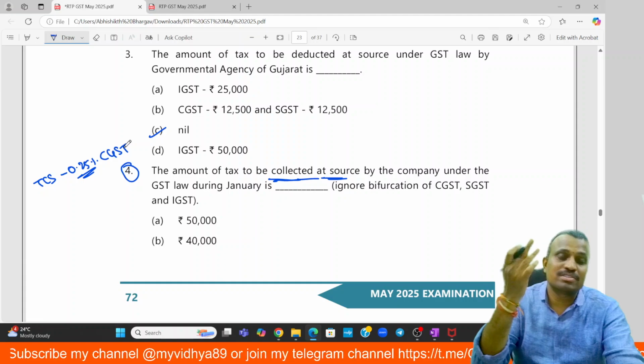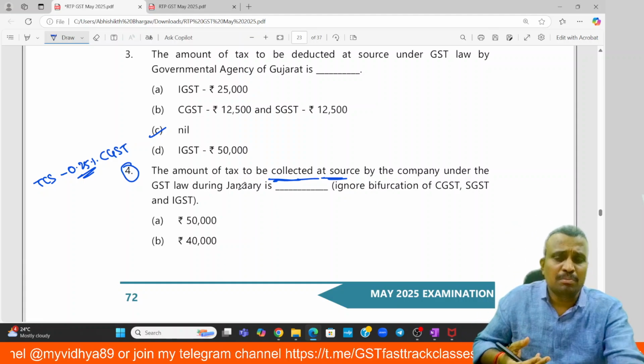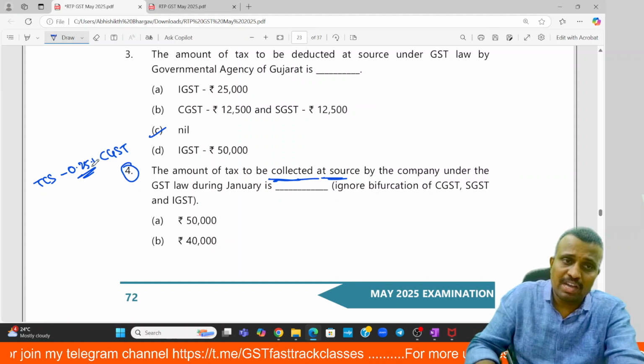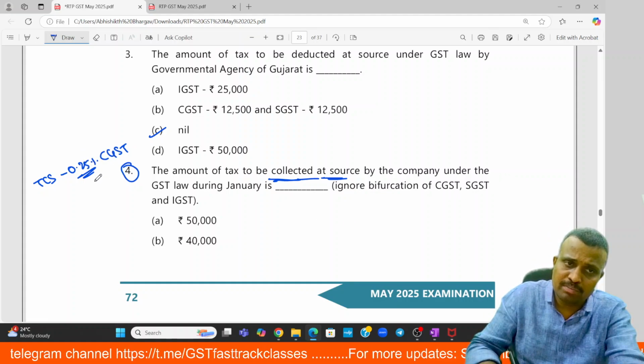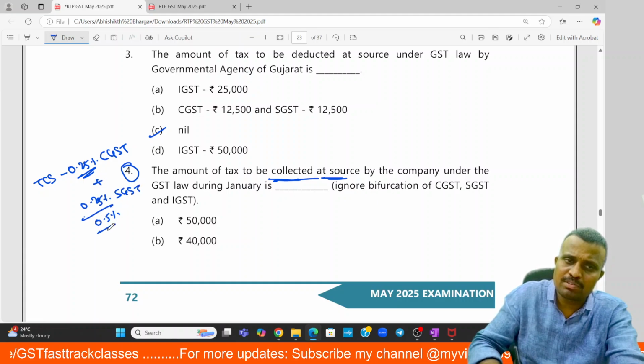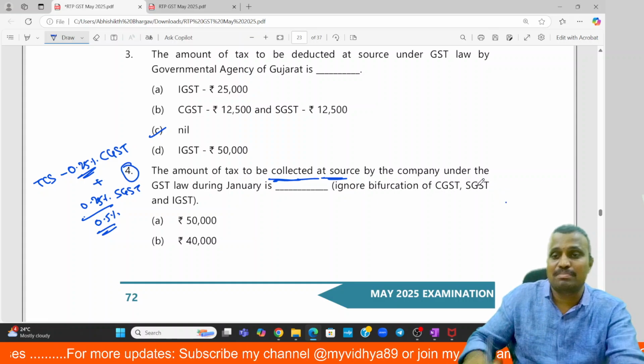Previously, it was 0.5% of CGST. The tax is generally collected by the ECO, the electronic commerce operator. So we have to apply 0.25% of CGST and 0.25% of SGST, a total of 0.5%, on the net taxable supplies.